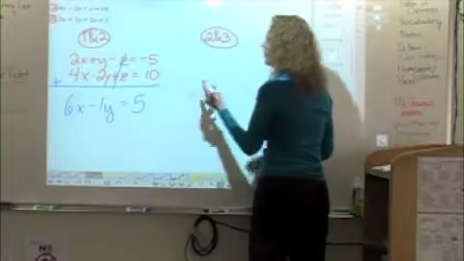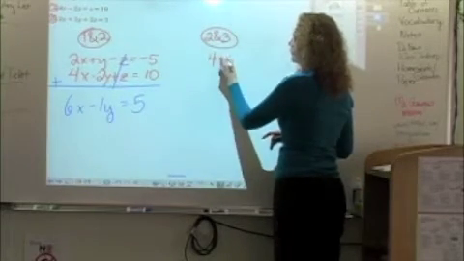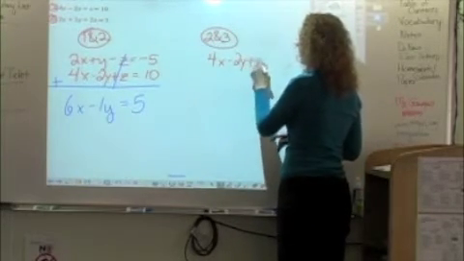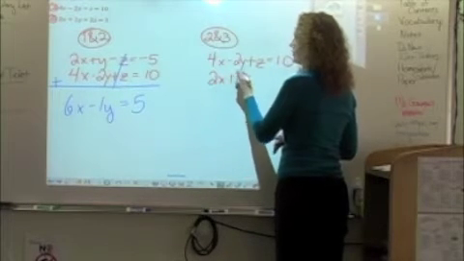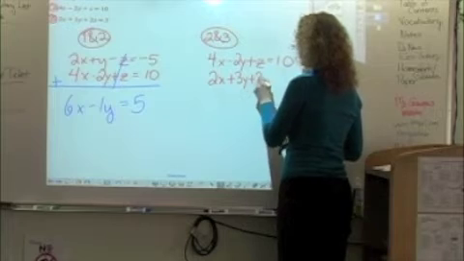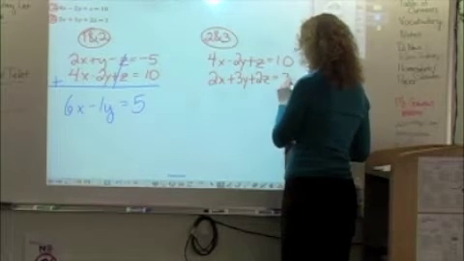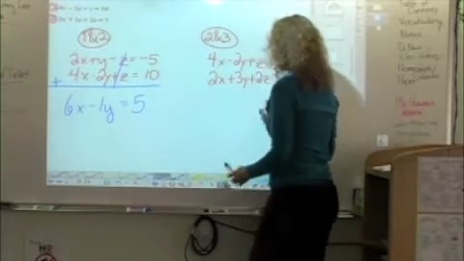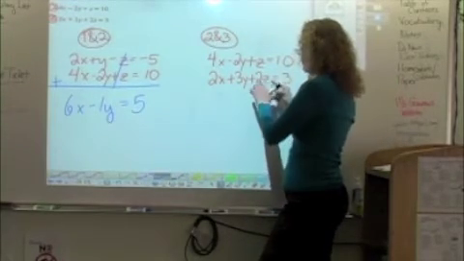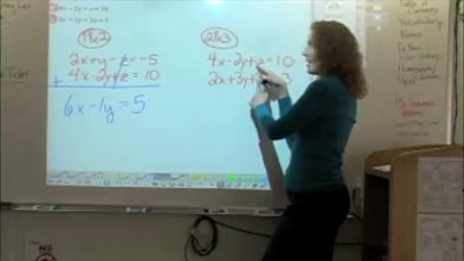All right, coming over here, we're going to do 2 and 3. 4x minus 2y plus z equals 10. 2x plus 3y plus 2z equals 3. Now I'm going to do a little higher level here. I can look at this and see that if I want to eliminate the z's, I just need this to be a negative 2.